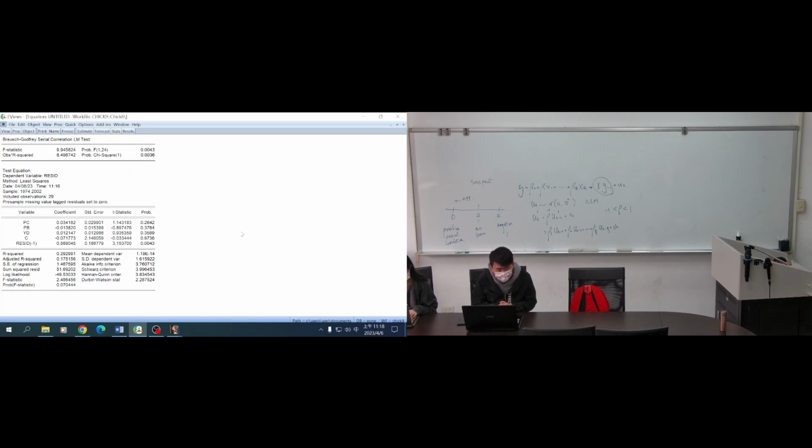So the p-value compared with alpha means what? You'll see that at the top. The p-value is much smaller than the alpha level, which means we reject the null hypothesis of no serial correlation, and support the presence of serial correlation.